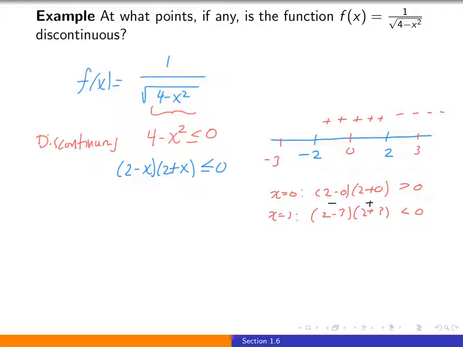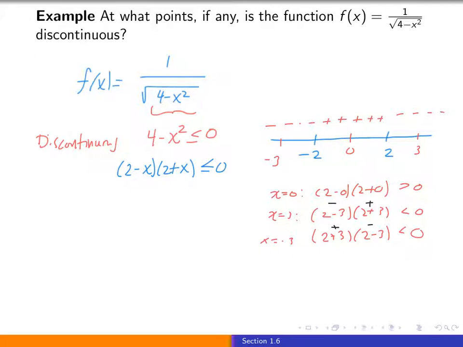If we plug in our sample point x equals minus 3, we are going to end up with 2 minus a minus 3, so 2 plus 3 times 2 minus 3, which is exactly what we have above, a plus and a negative, is less than 0, and we're negative to the left of minus 2.